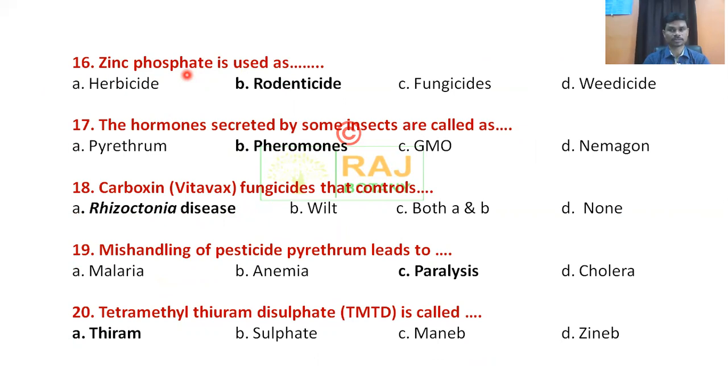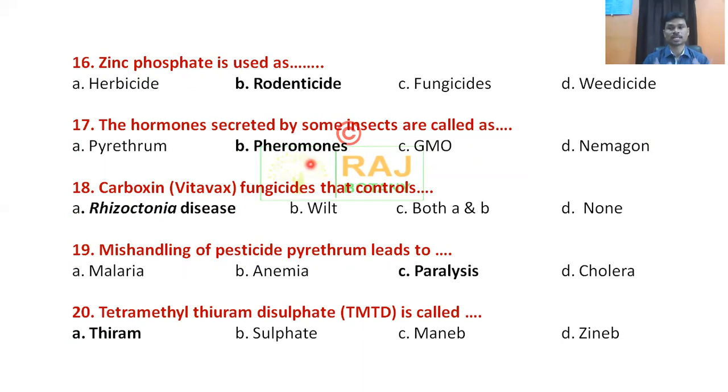Rodents are the animals which reside in the small holes of the soil. They are called rodents. And to kill the rodents, rodenticides are used, and zinc phosphate is among those rodenticides. The hormones secreted by some insects are called, there are some insects which secrete hormones to attract the opposite partners for mating. Those hormones are called pheromones.